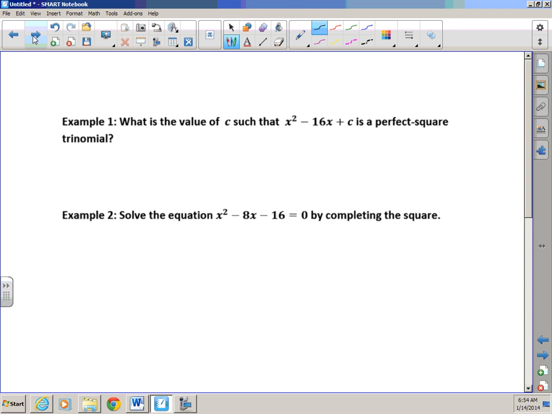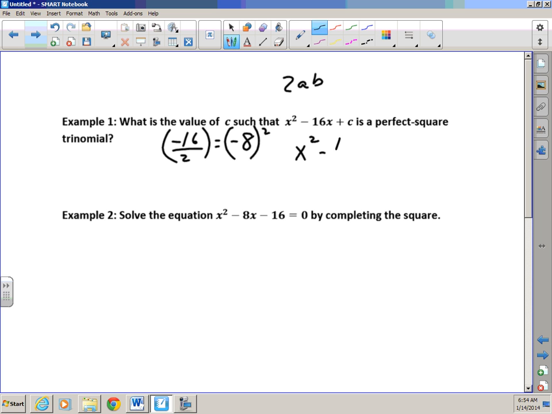So what I'm going to do is I want to divide the 16 in half, okay, which gives me negative 8. So that means the value of a times b, because this middle term is 2ab. So if I divide this by 2, I've now found what a times b is, okay? And then what I want to do with this value is square it, and that would give me the c.